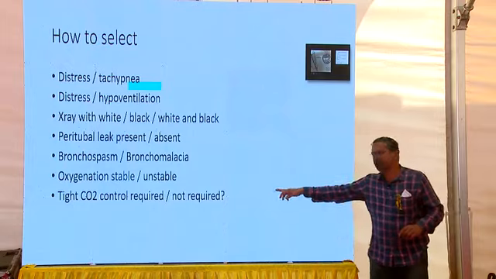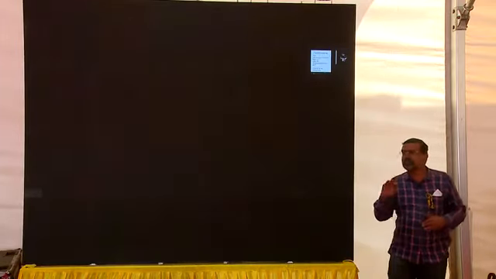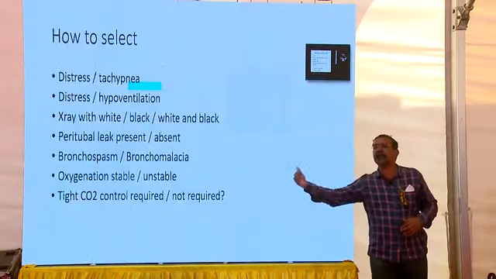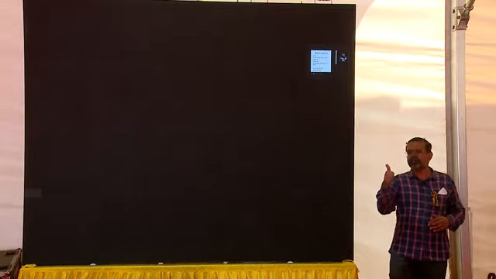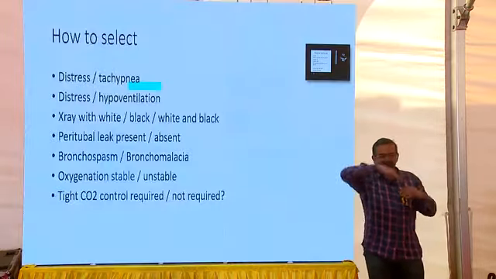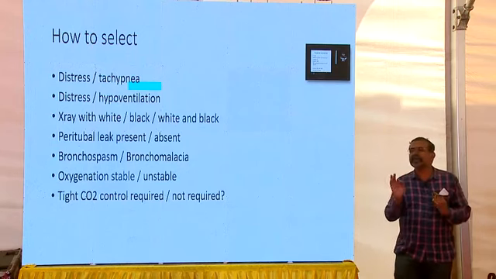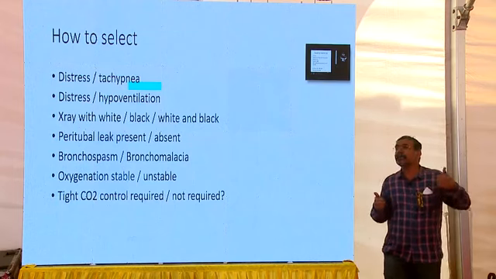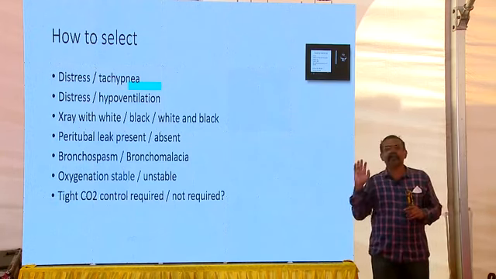Tight CO2 control required. As sir pointed out last time, tight CO2 control is not required in older and more mature babies. But in younger and preterm babies, tight CO2 control is required. If there is hypocapnia or hypercapnia, they go for IVH. So this fluctuating CO2 because of pressure is very bad for young extreme preterms whose lungs are already improved. Lungs are not that bad, but the brain is vulnerable.